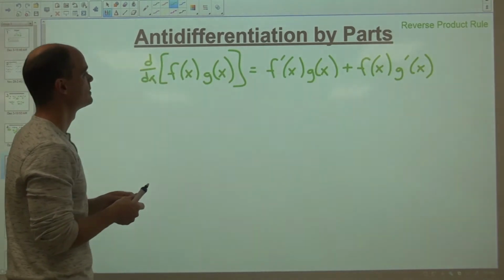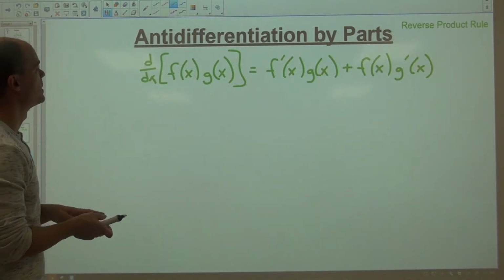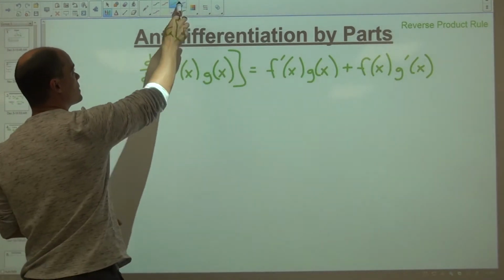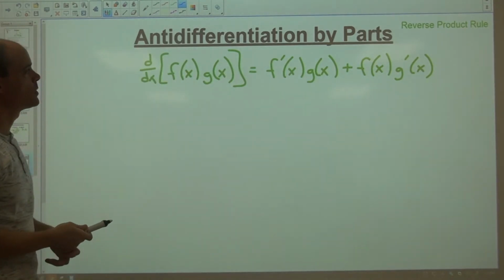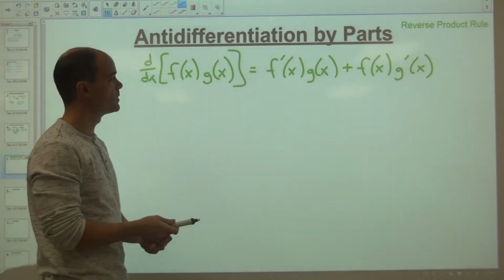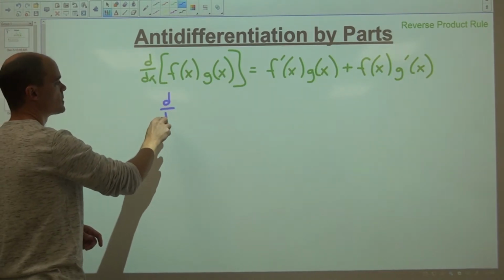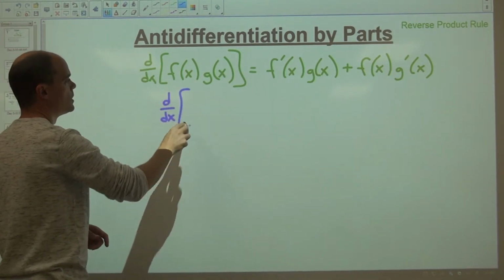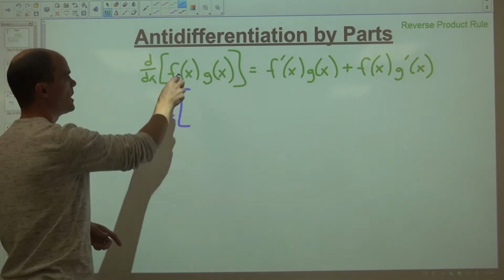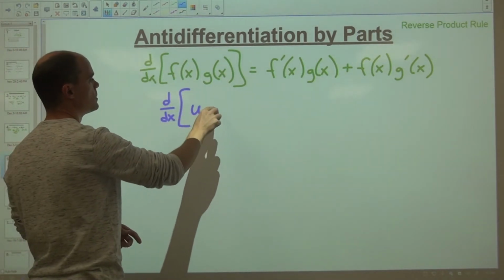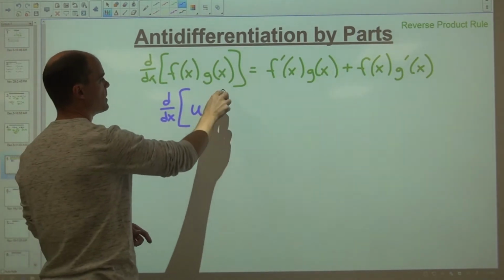All right. So how are we going to undo this? Well, I'm going to rewrite this, first of all. Since we work in terms of u, for u substitution, I'm going to rewrite this in terms of u's and v's. So f is going to be represented by u, g of x is going to be represented by v's.